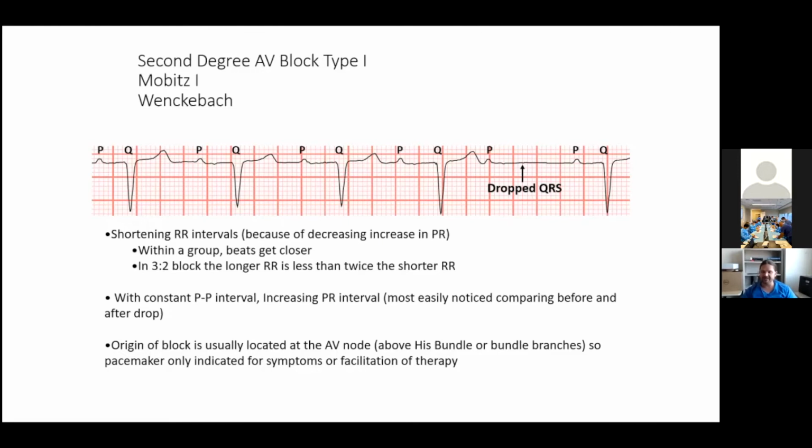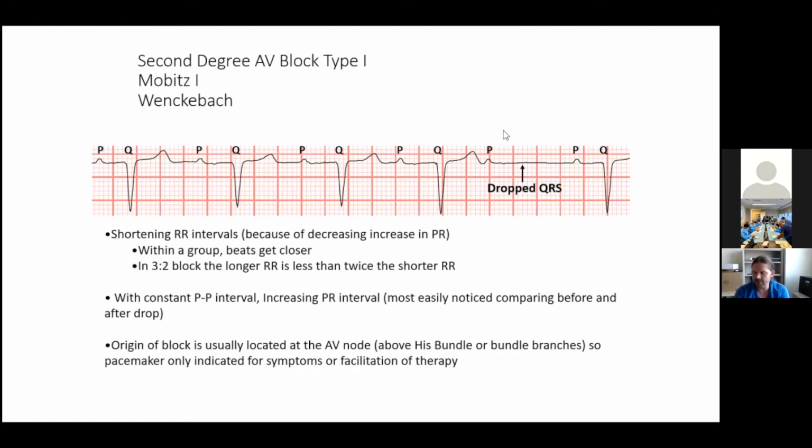This is actually because of a decrease in the change in PR. So within a group, the beats are going to get closer together. And in 3-to-2 heart block, you're going to have a longer RR interval than the blocked interval. And so twice the shorter interval is going to be longer than the longer RR.